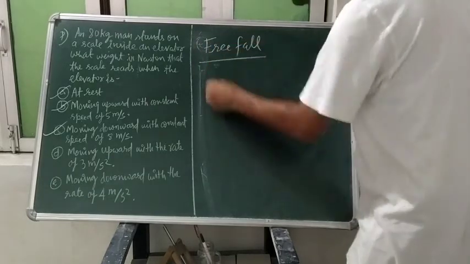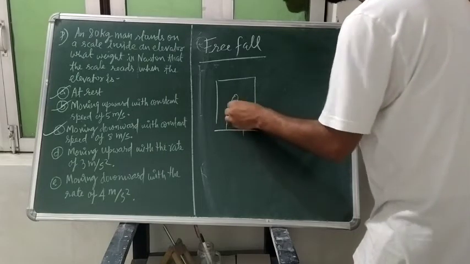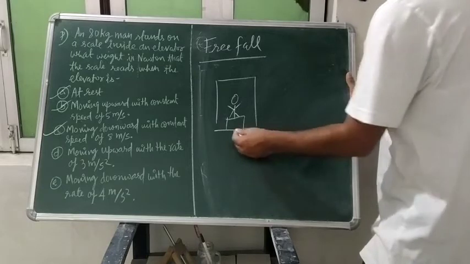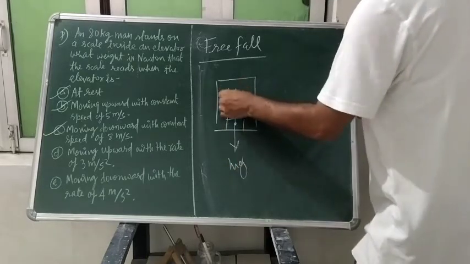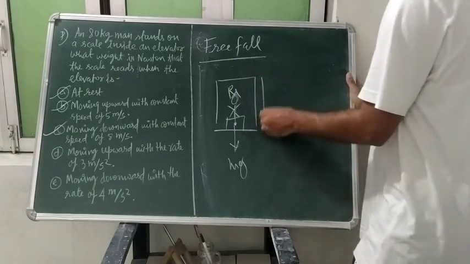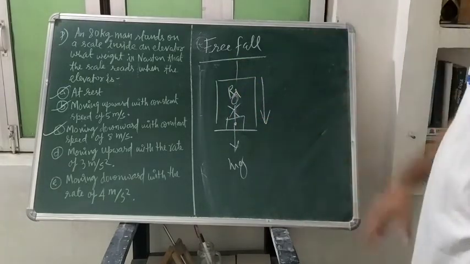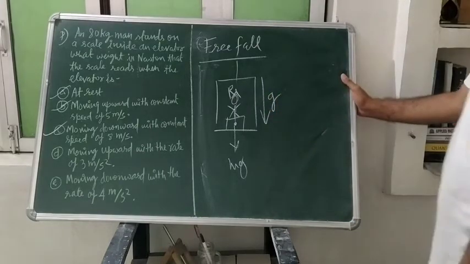Free fall is that situation, student, that here is the scale, a man is standing on that scale, so mg will act here, reaction will go up, okay, and it is in the condition of free fall. So when it is freely falling, what acceleration will act on it? G acceleration will act on it.